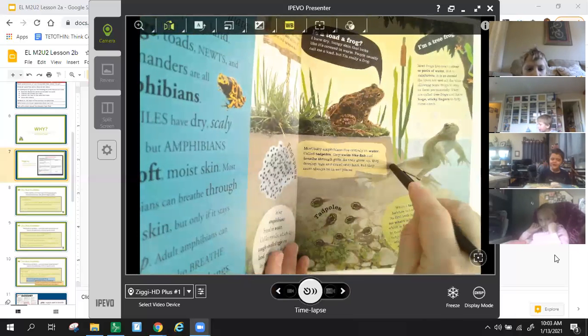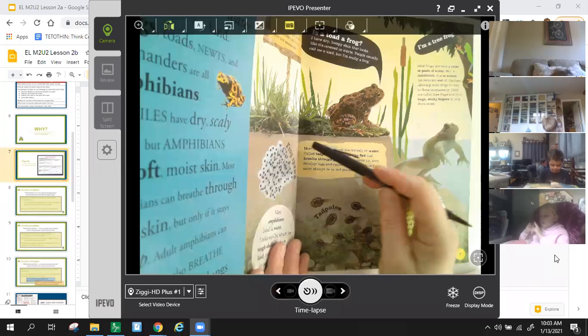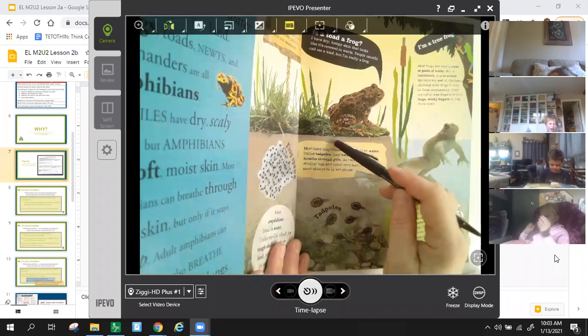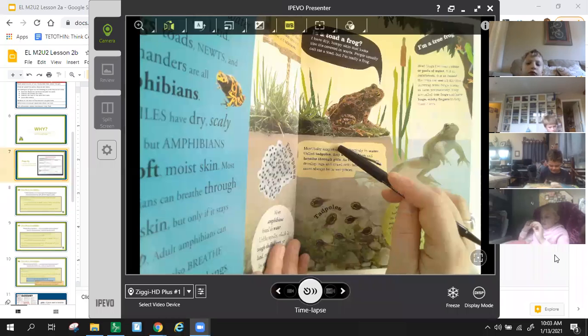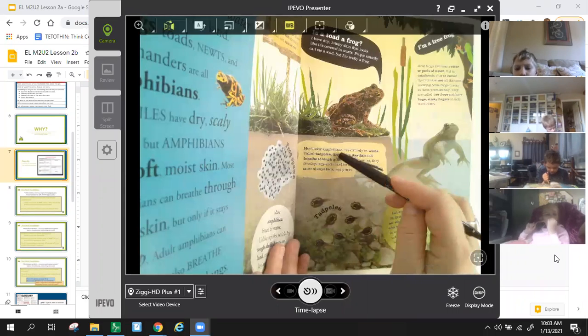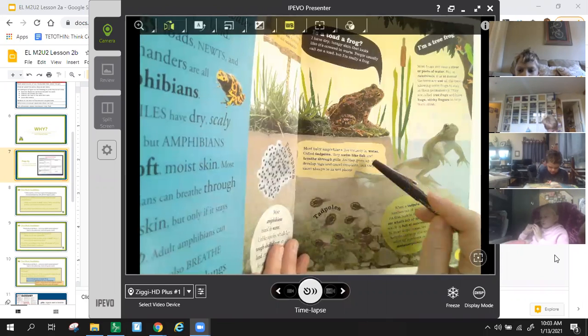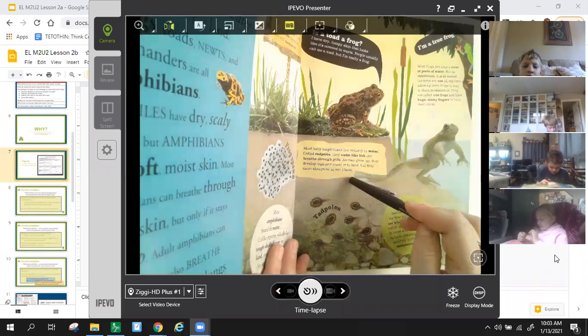Most baby amphibians live entirely in water. Called tadpoles, they swim like fish and breathe through gills. As they grow up, they develop legs and crawl onto land, but they must always be in wet places.